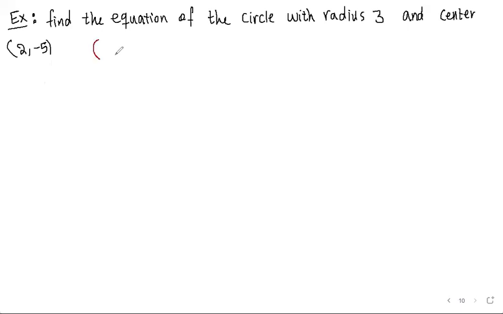The formula says x minus h square plus y minus k square equals r square. So this is here my h, this is my k, and this is my r.